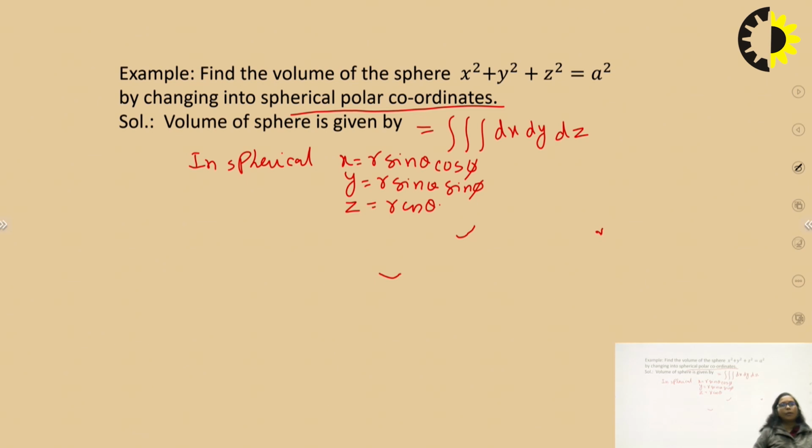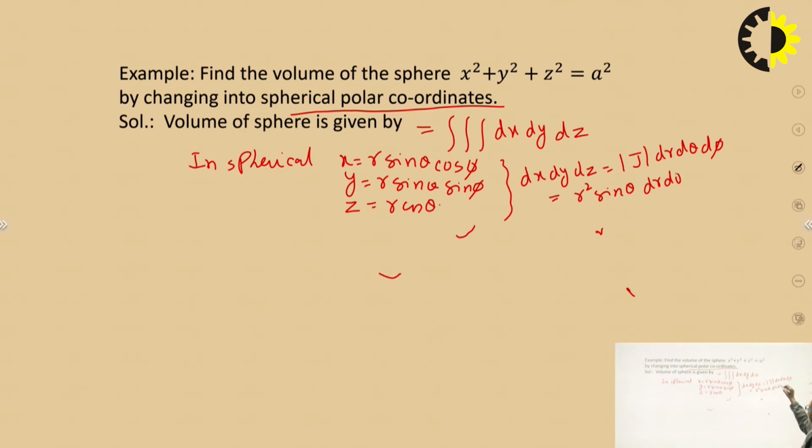They are the spherical coordinates. And when you convert to spherical coordinates, we know the Jacobian, means dx dy dz converts to mod of Jacobian dr d theta d phi. And when we convert to spherical coordinates, this is nothing but r square sine theta dr d theta d phi.